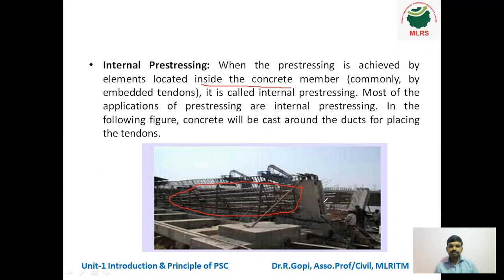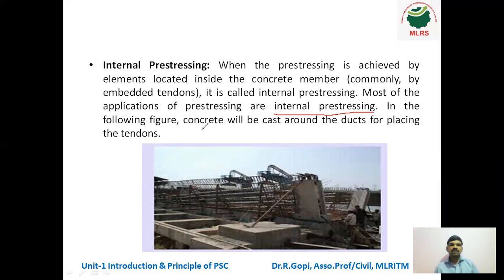That means the steel members are inside the concrete members, so it is called internal pre-stressing. Commonly, by embedding, it is called internal pre-stressing. Most applications of pre-stressing are internal pre-stressing only. As I told, 90% of pre-stressing techniques use this method only.